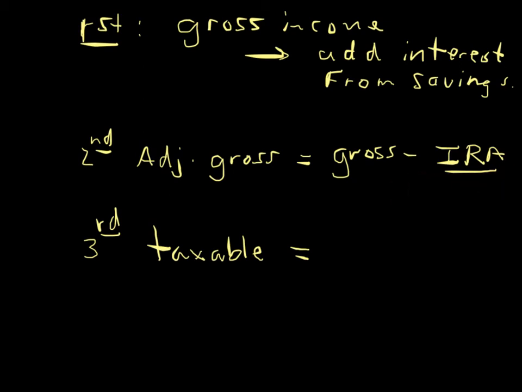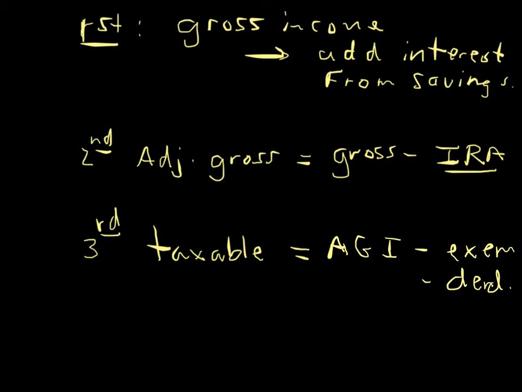And then for the third one, your taxable income, you take your adjusted gross income, AGI, and subtract off your exemptions and your deductions, or the exemptions and deductions together. So that's the process, and that's a very simple way to write it out.